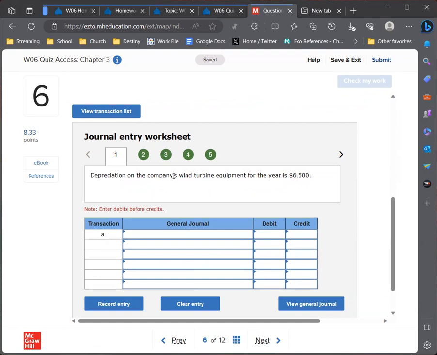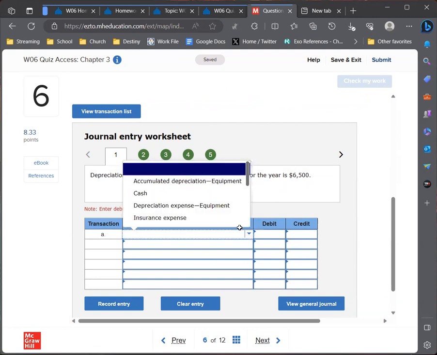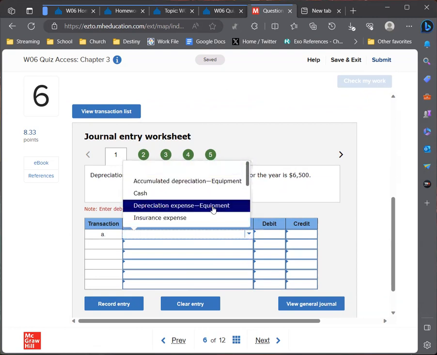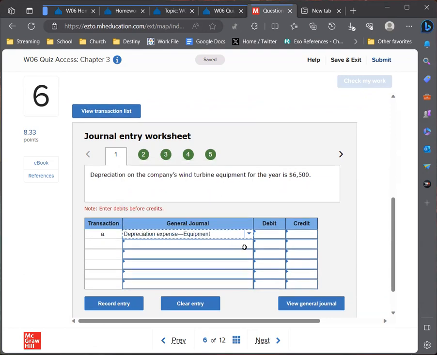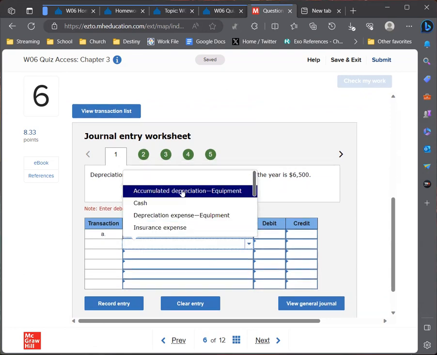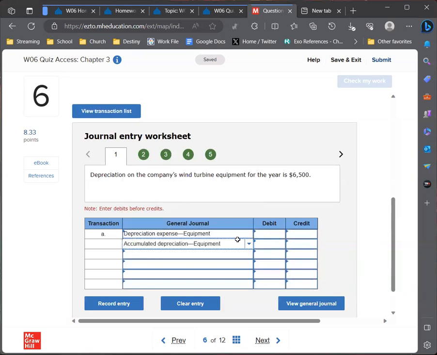This first one says depreciation on the company's wind turbines equipment for the year is 6,500. Now this one is pretty easy. When you click on the general journal, you'll see depreciation expense equipment, and then you'll also see accumulated depreciation equipment.